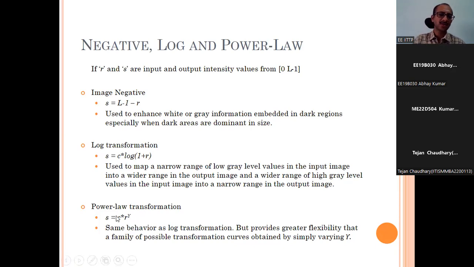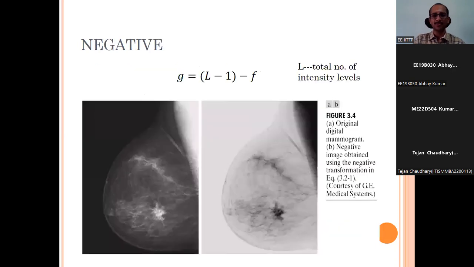Most image formation happens with a power law relation with respect to the actual radiance intensity values. Whatever we get is this, and the actual radiance is this. So the gamma value is fixed for a given sensor. How do we use that gamma value to correct or improve the image? That's also one more way of looking at it.